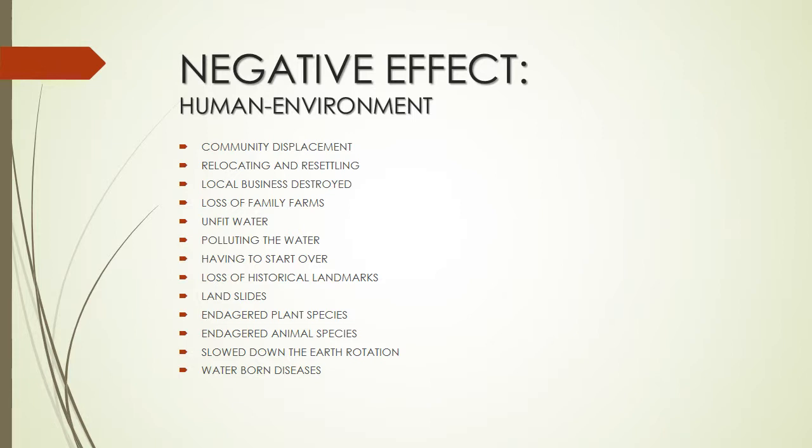We're going to go over the next few slides: community displacement, relocating and resettlement, local businesses destroyed, loss of family farms, unfit water, polluting the water, having to start over, loss of historical landmarks, landslides, endangered plant species, endangered animal species, slowed down the Earth's rotation, and waterborne diseases.